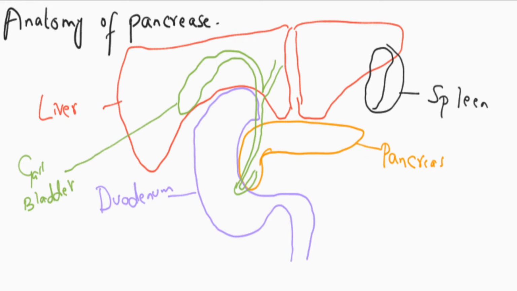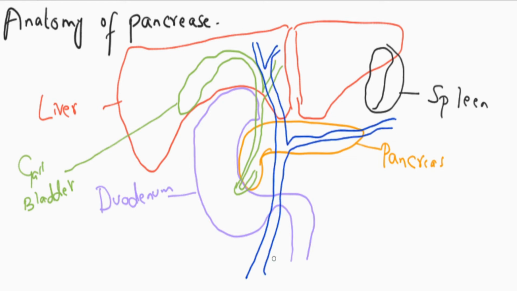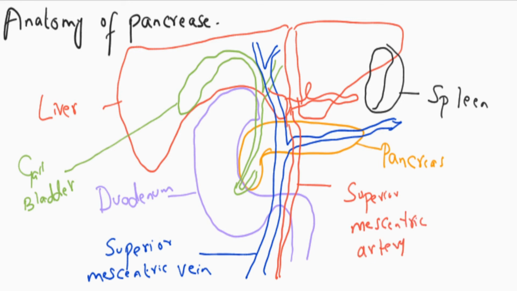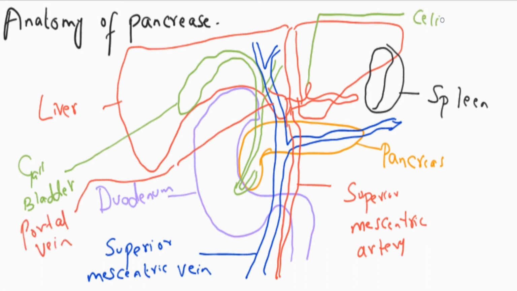Several major blood vessels surround the pancreas, like superior mesenteric vein and the superior mesenteric artery and the portal vein and the celiac axis.